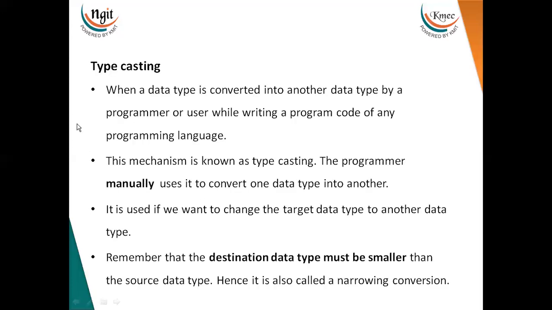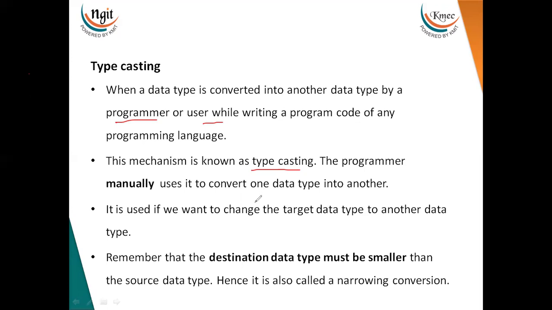Now, coming to the typecasting. This is quite opposite to the type conversion. A data type is converted into another data type by the programmer or the user while writing the program, right? So that is called typecasting. This mechanism is also known as narrowing conversion or typecasting, right?